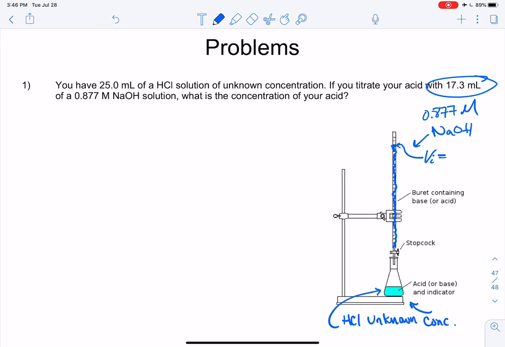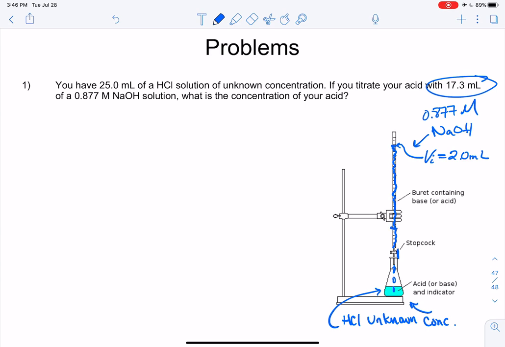So what if we started at 2.0 milliliters and then we titrated, so we opened the stopcock so it was parallel to the burette, and we dripped base in there until our phenolphthalein indicator told us that we had an equivalence point, and we got down to our final volume down here.